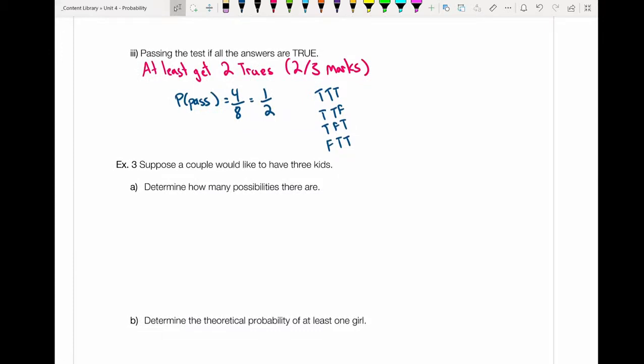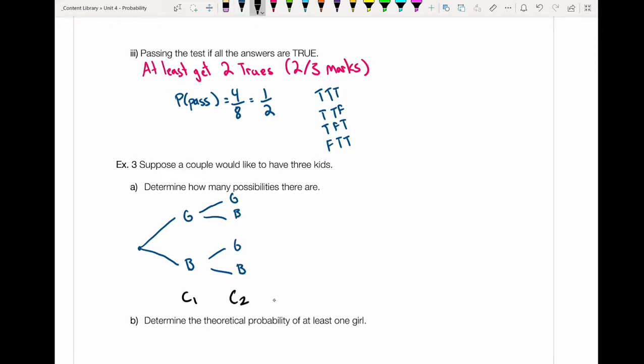For example 3, suppose a couple would like to have 3 kids. Determine how many possibilities there are. We're looking at whether it's a boy or a girl, and we'll keep it to just those 2 to make it simpler to count. The first child, a girl or a boy. Child 2, same idea: girl, boy, girl, boy.